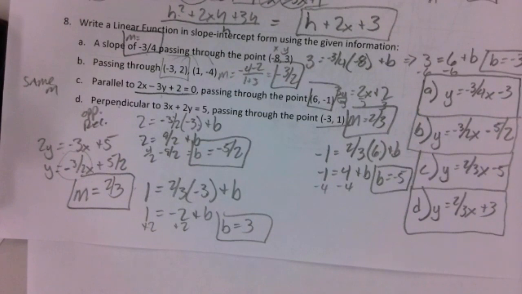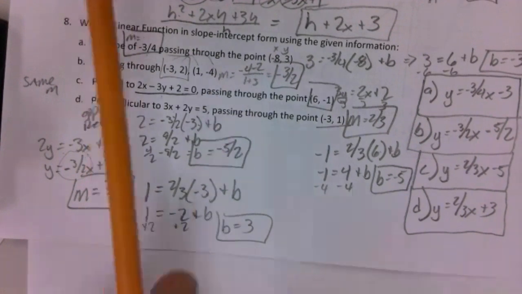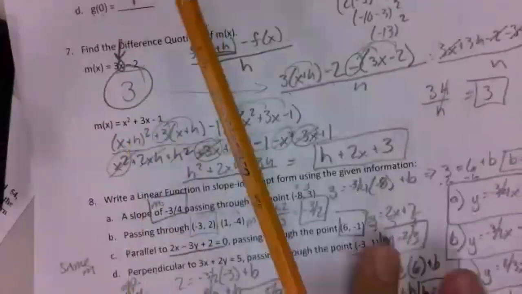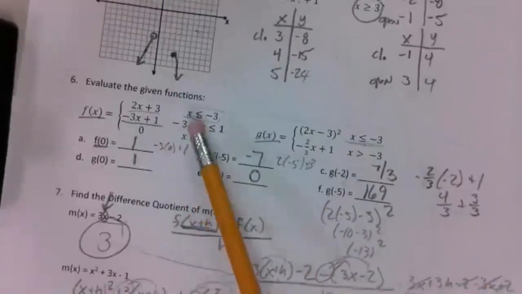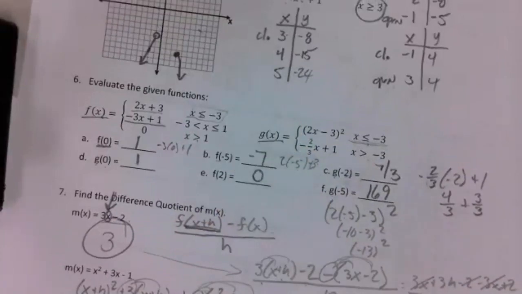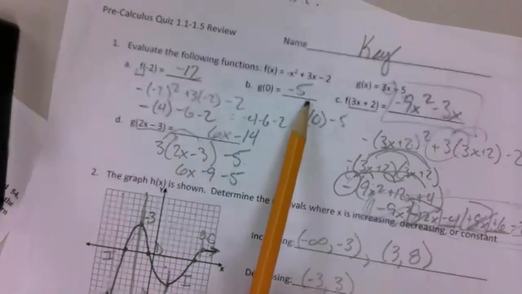Now, all together, we've really only done a couple things that are new or any different than Algebra 2. One is the difference quotient. One is talking about the piecewise functions. We've done this before. That's actually an Algebra 1 standard.